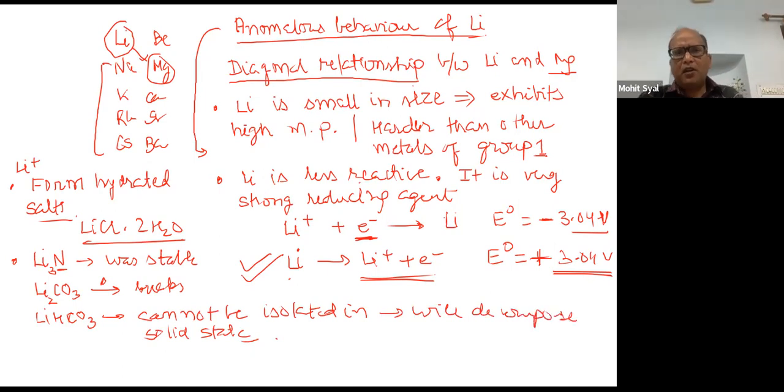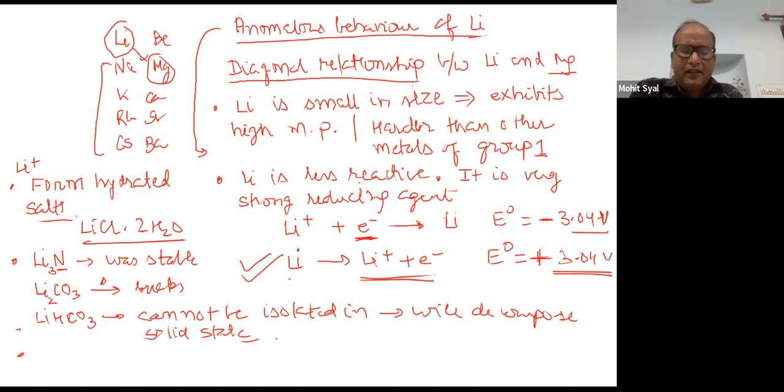Because lithium is a smaller ion, bicarbonate is a larger ion, and there is a mismatch, so it is going to decompose. Lithium hydrogen carbonate cannot be obtained as solid powder, just like your baking soda, which was sodium hydrogen carbonate. In solid state it will decompose, because in order to make a dry solid you have to heat it, and if you heat it, it is going to break away.